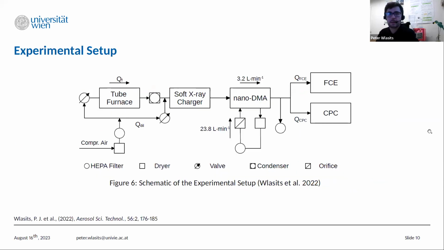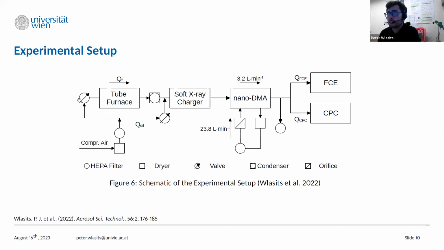And with that, I think you have enough information that I can discuss the schematic for the full setup. We can see here that we've been using compressed air as carrier gas. That compressed air was dried and filtered and then split between the tube furnace flow and a dilution flow.